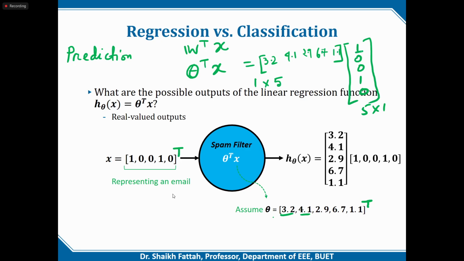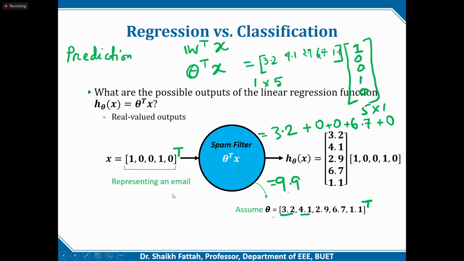So you can see the result of this multiplication: 1 multiplied by 3.2, then 0, 0, then 1 multiplied by 6.7. If you add it, 9.9.